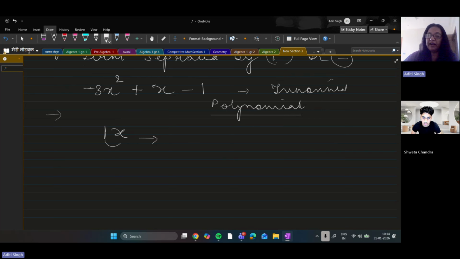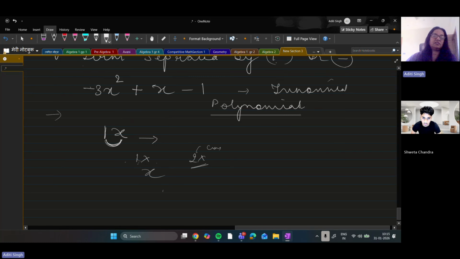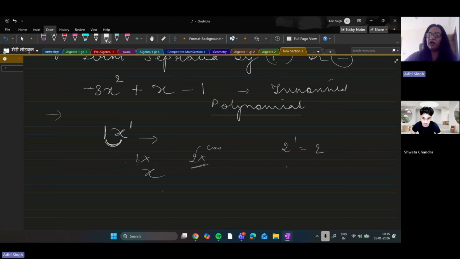Because when you multiplied this, if you have 1x, if you have 2x, you will say that the constant is here. But if it is 1x, certainly it will get multiplied, right? X into 1 is x. Anything multiplied with 1 is the number itself. So it has 1 which has a power 1. 2 to the power 1 is 2 only, 1000 to the power 1 is 1000.